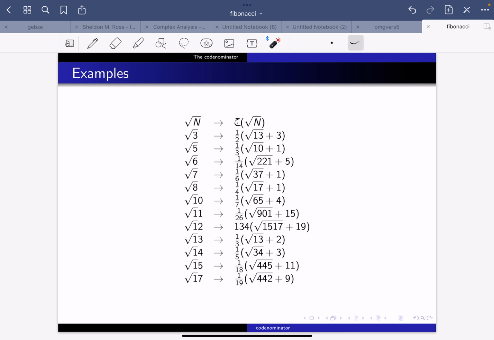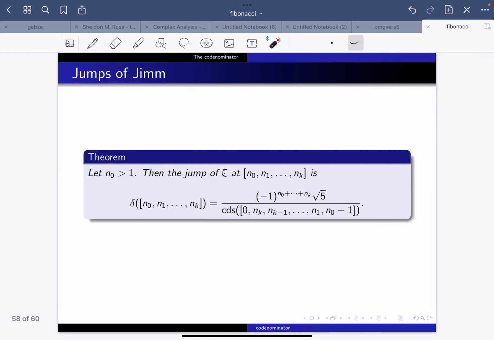As you see, this is nothing simple or evident, the images. It needs some work to compute these values. For example, the value of Jimm at square root of 7 is 1 over 6 times square root of 37 plus 1, etc. So Jimm is not at all a trivial function on the set of quadratic irrationals.